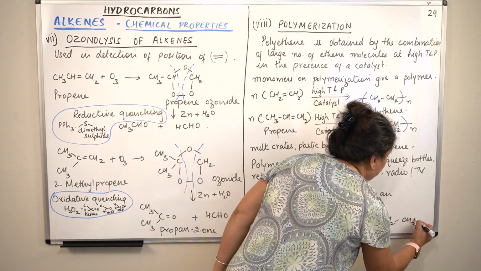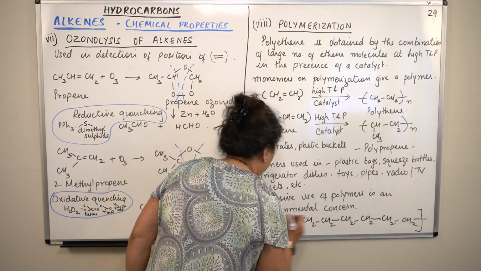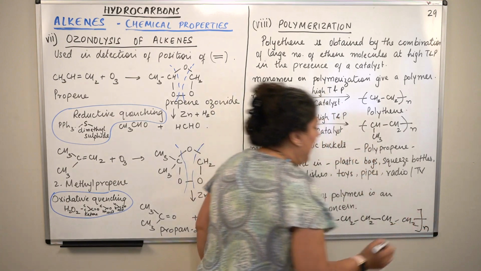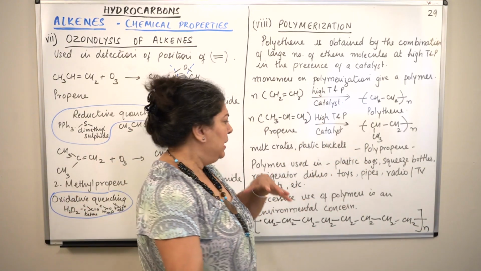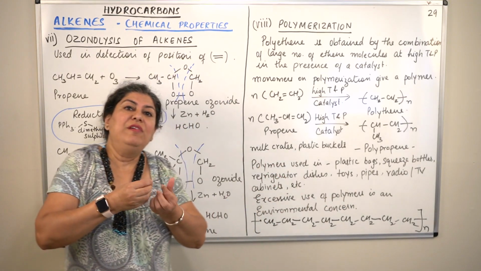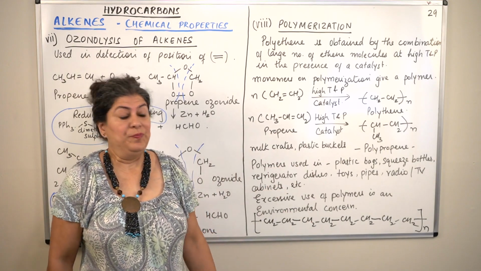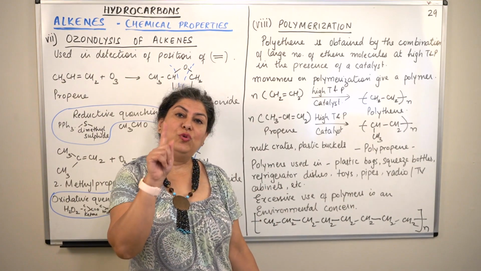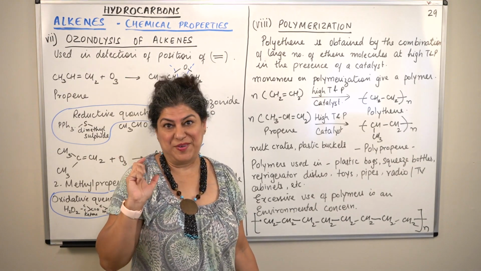And I could make only 4 of these. Imagine this is in a bracket and this multiplies n times. You get a giant molecule of millions of ethene molecules attached to each other. Now, the single ethene molecule was a single one, so we call it a monomer.